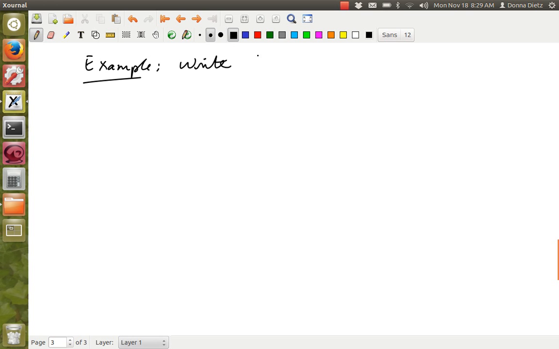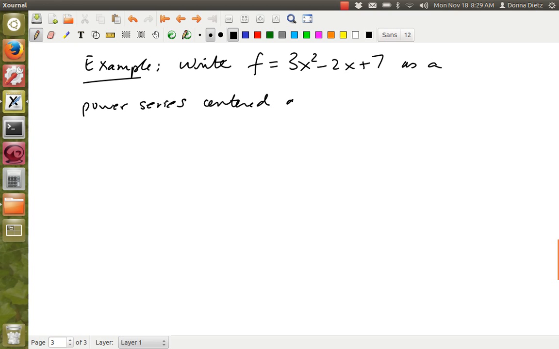Write this normal polynomial, just a parabola, as a power series centered at 4.